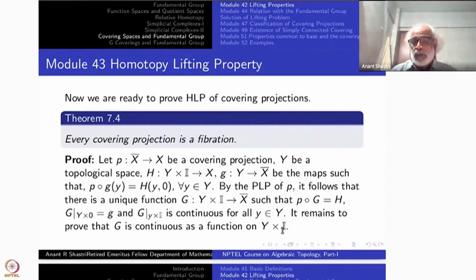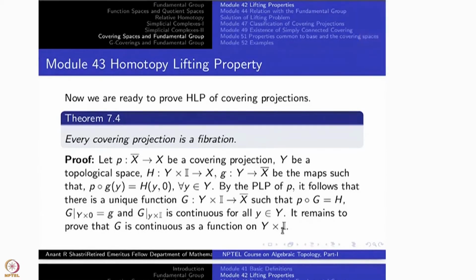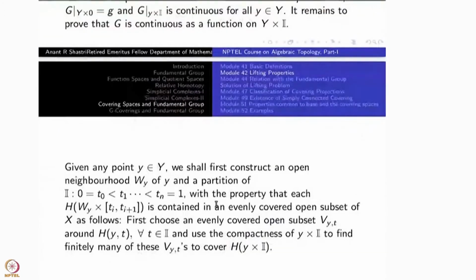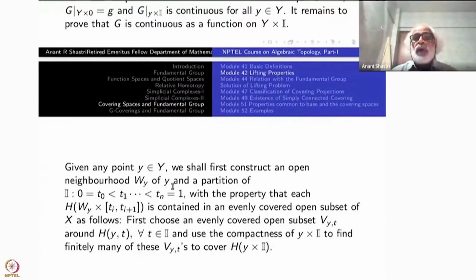Given any point y in Y, we shall first construct an open neighborhood W of y such that G restricted to W cross I is continuous. Then you are done, because continuity is after all a local property.